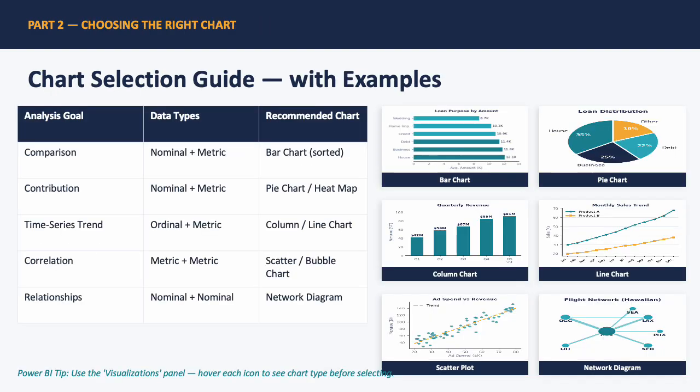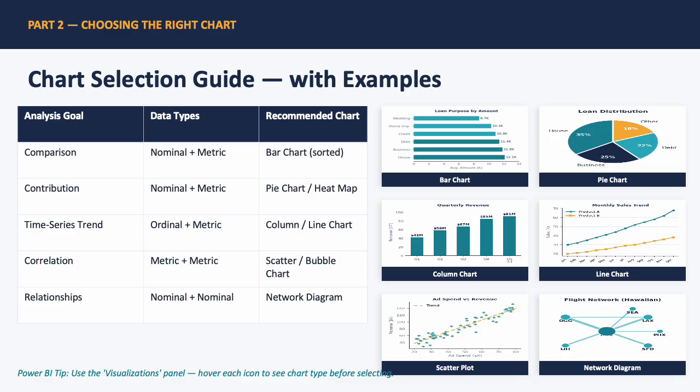Now we come to one of the most important topics. How do you select the right chart? The decision is not arbitrary. It follows directly from two things: the type of data you have and the analytical question you are trying to answer.